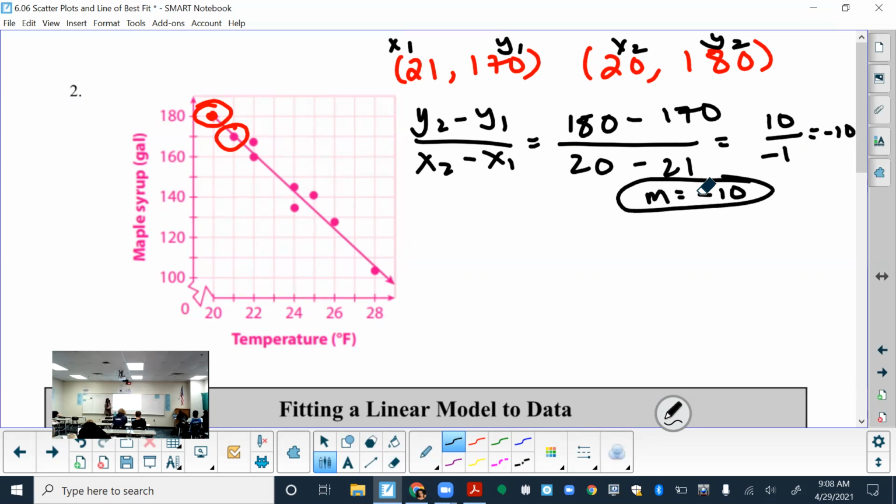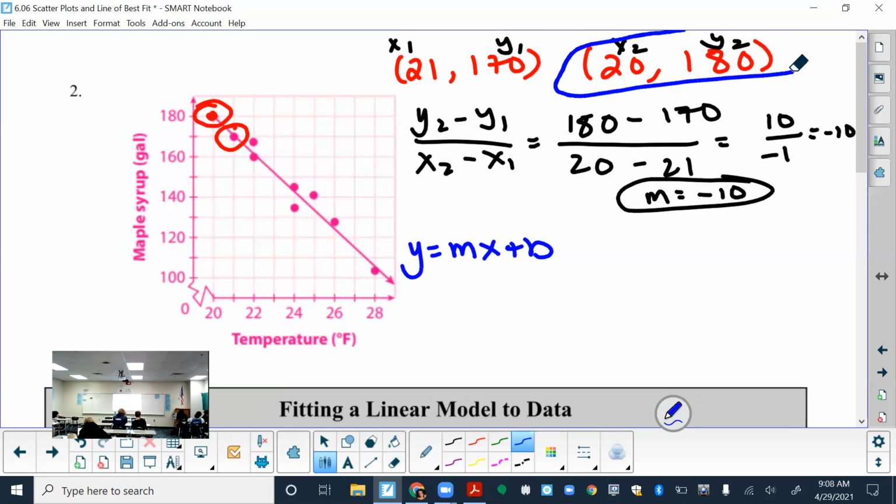Now I need to figure out what the B would be. So what formula do I use for that? Good. What value do you want to use for the Y and the X? Which coordinate? All right, so we're going to use this coordinate to be our X and Y. You can have picked the other one, that's perfectly fine.